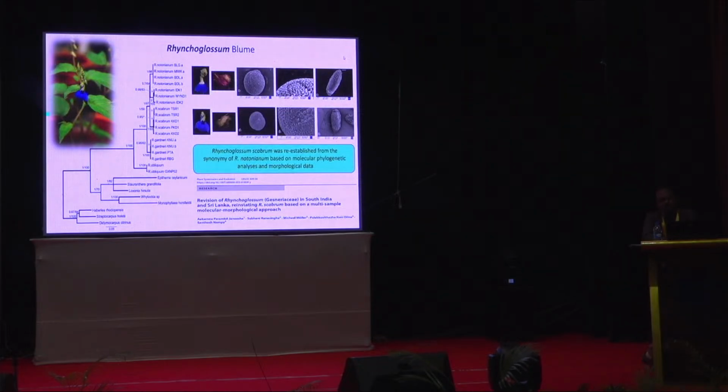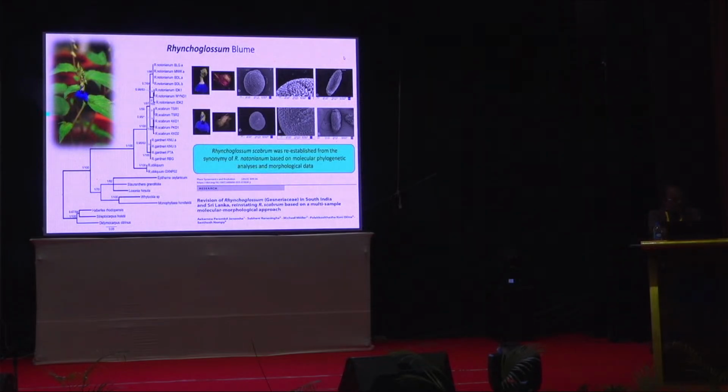So we sampled the materials from both sides, and this is a classic example of how, if we collaborate with scientists in Sri Lanka as well as India, because they have a lot of similarities in distribution and also a lot of endemism, the data can ultimately produce more insight into the resolution.